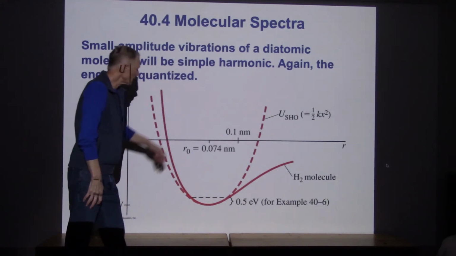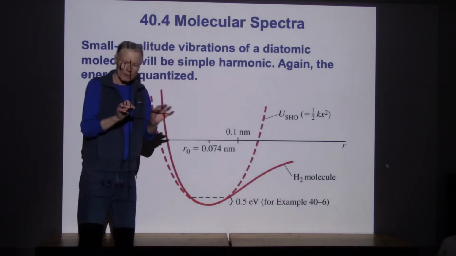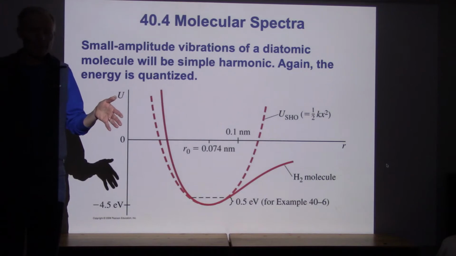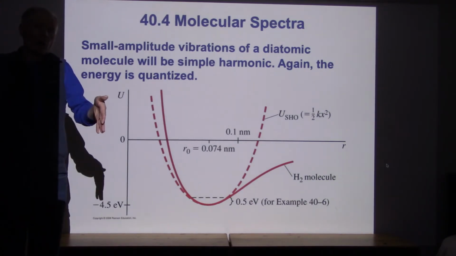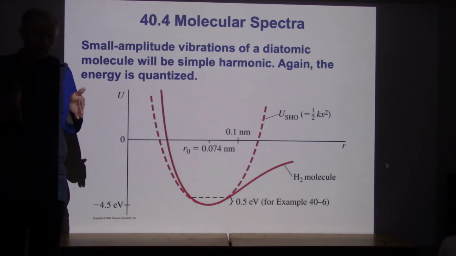And that's because even though the bond length is 74 picometers, this vibration means that there's a probability at any given time that the bond length is a little longer or a little shorter. That's what quantum mechanics is going to say: there's not a fixed distance between the nuclei.